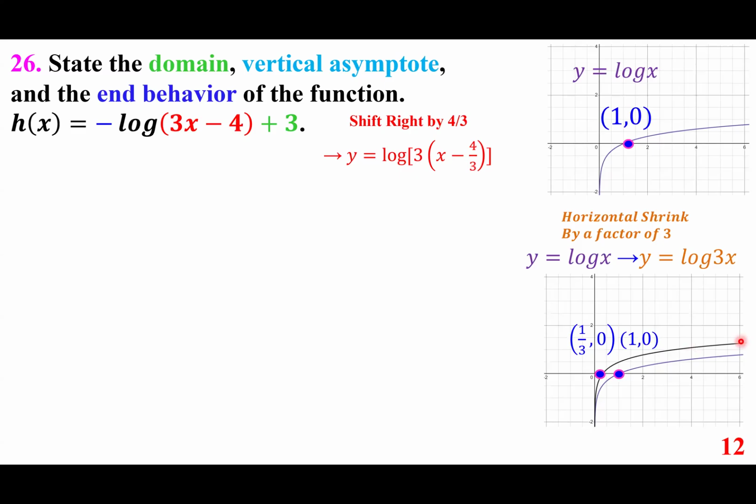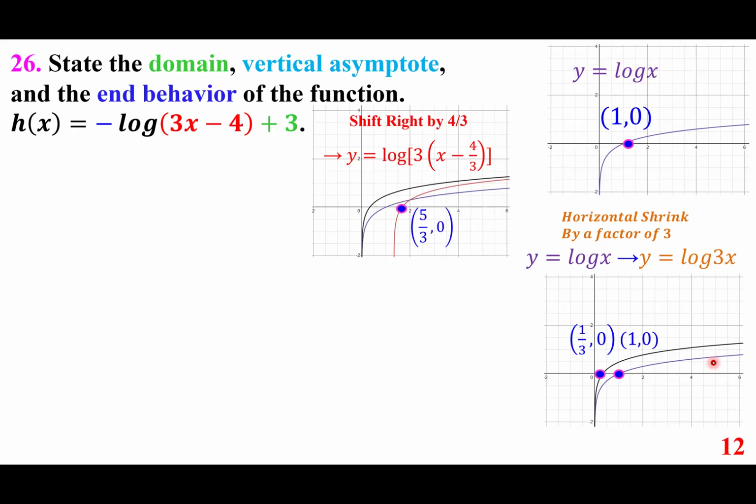So we're going to look at this green one and shift it to the right by 4/3. That means 1/3 plus 4/3 is 5/3, comma 0. So it shifts to the right, and this point now has coordinates (5/3, 0).